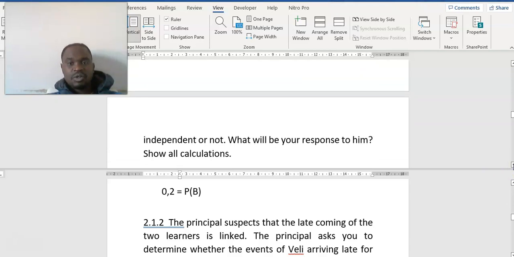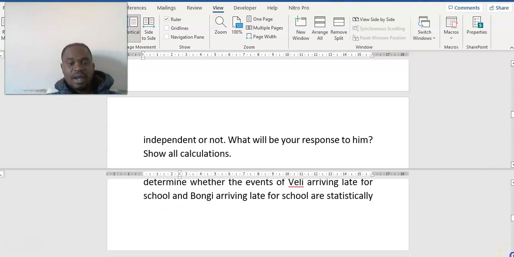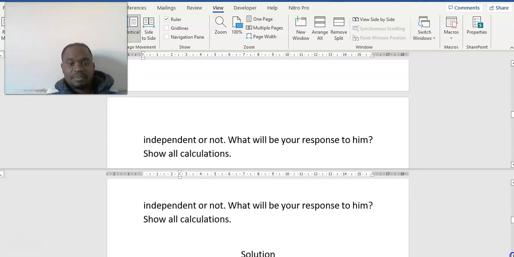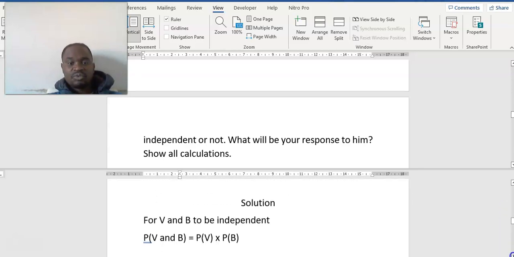What will be your response to him? Show your calculation. For them to be independent, there's an independence rule. We also talked about it in the previous video. For Verily and Bongani to be independent, the probability of Verily and Bongani should be equal to the probability of Verily times the probability of Bongani coming to school late.